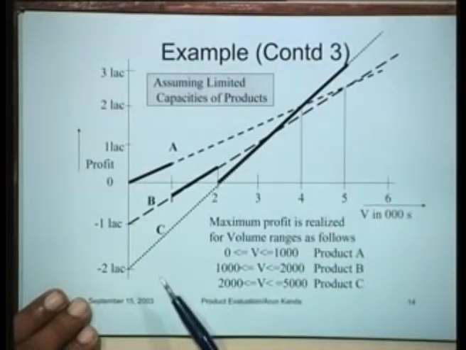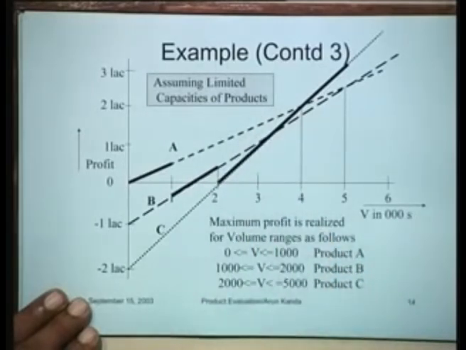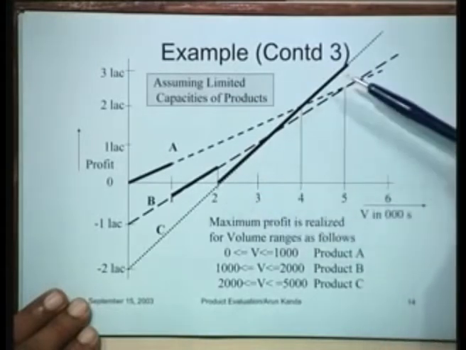Now what's happening is that if we assume limited capacities for the various products, our decision situation for the optimal product is this: product A lies between 0 to 1000. The best is to use option A. Between 1000 and 2000 use product B, and between 2000 to 5000 use product C.